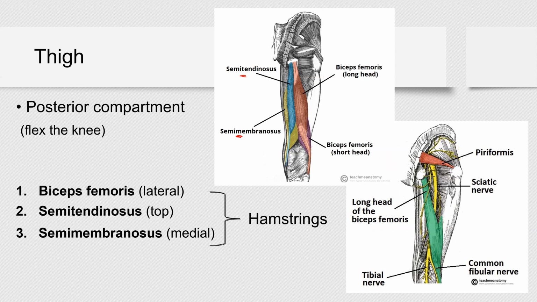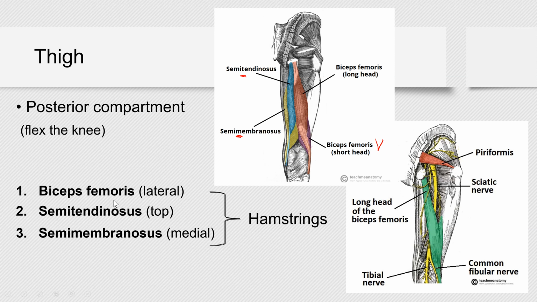So those letters should help you to remember that semimembranosus is on the medial side and semitendinosus is on top of semimembranosus. Then we have one more muscle over here that is biceps femoris. And it has two heads. That's why we call it biceps. We have a long head shown here in brown and a short head shown here in purple.